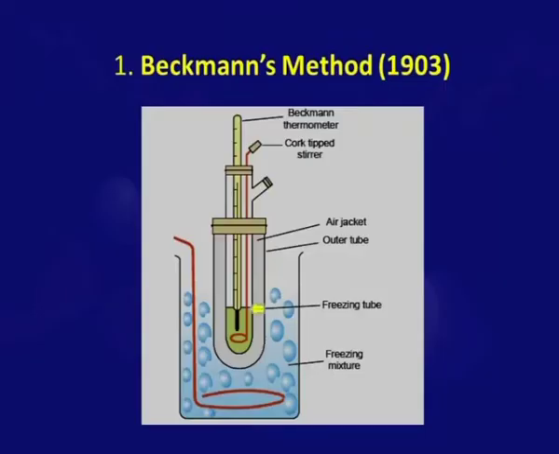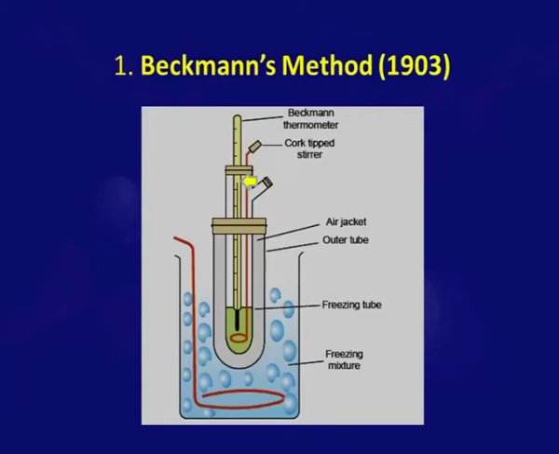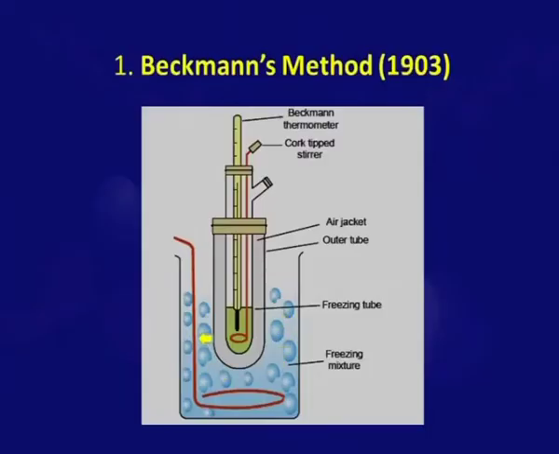15 to 20 grams of solvent is taken in the freezing point tube and the solvent is allowed to cool. When it freezes, the temperature is noted. It is the approximate freezing point of the solvent. When the temperature falls within about 1 degree range of the freezing point, it is placed in the freezing mixture.